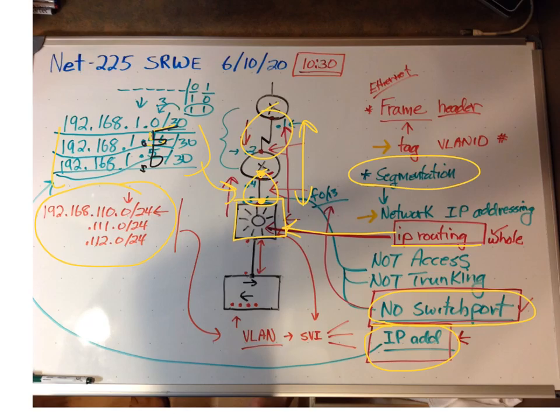And one other thing to re-emphasize, inside that frame header, we add a tag. So if you're on this switch and you're going to this one, you can have a trunk here, and it will tag the information as it leaves and then put it on the correct VLAN when it gets into the other switch.